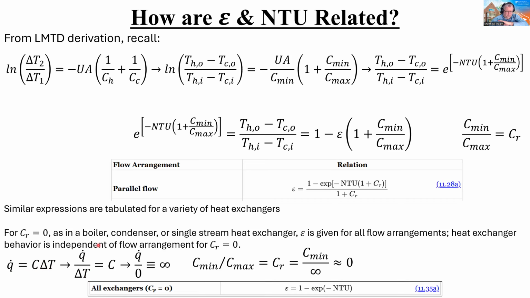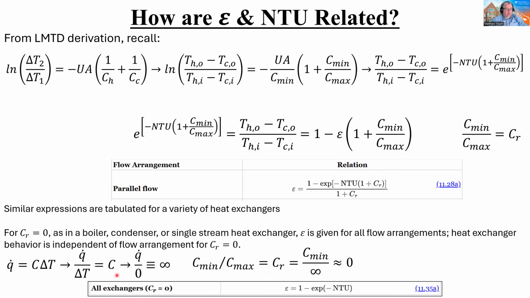isothermal streams, right? A boiler is not changing temperature because the fluid is changing from liquid to vapor. In a condenser, it's not changing temperature because it's changing from vapor to liquid. In a single stream heat exchanger, you basically have just one stream of fluid that's increasing or decreasing in temperature, and then an incredibly massive thermal mass that's not changing in temperature as your source of heat or cold. So the temperature difference for those specific situations, where you have phase change or an incredibly massive thermal mass, is zero.